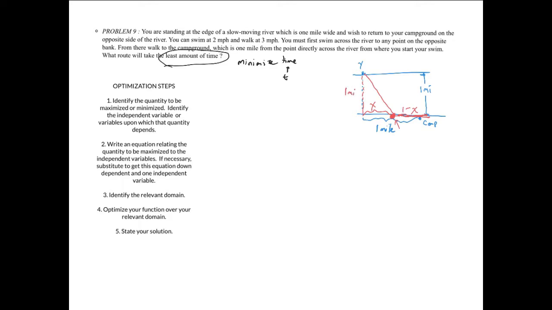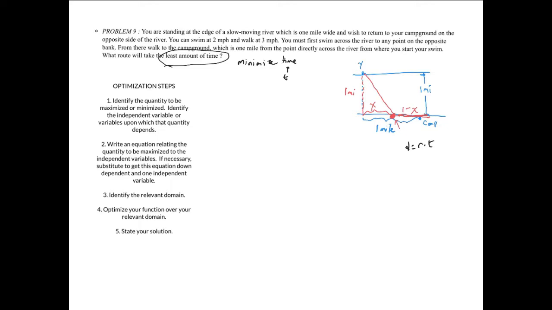Okay. Now, we are talking about time, and everything that we've got in this picture right now is a distance. So first of all, recall that distance equals rate times time. Right? You learned that back in like 8th grade.